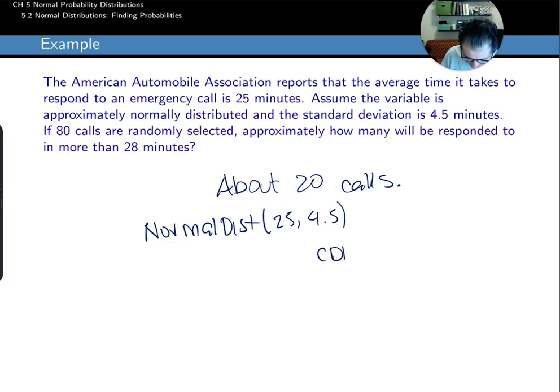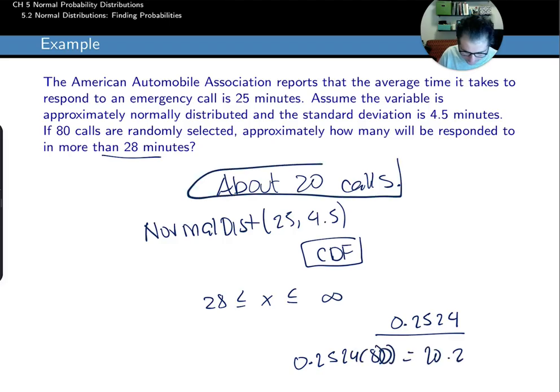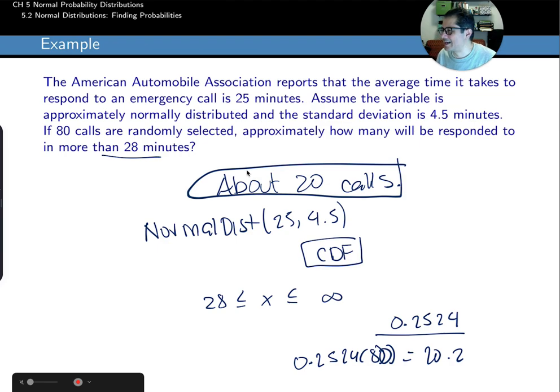You're doing the CDF for more than 28, so 28 less than or equal to x, less than or equal to infinity, and the answer was 0.2524. You multiply 0.2524 times 80, and you get approximately 20.2. So that's your answer. That's the kind of work we expect you to show if you're doing this method.